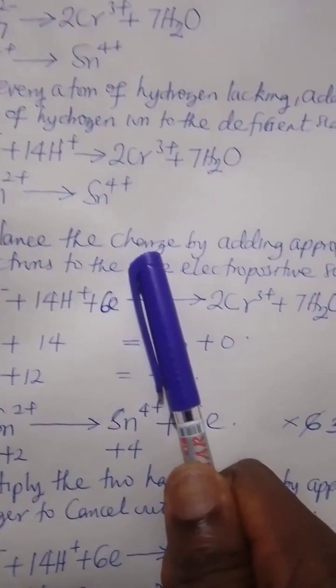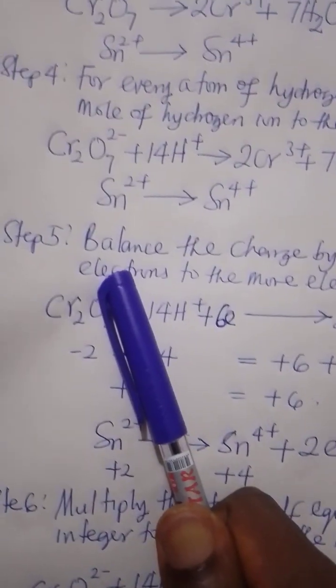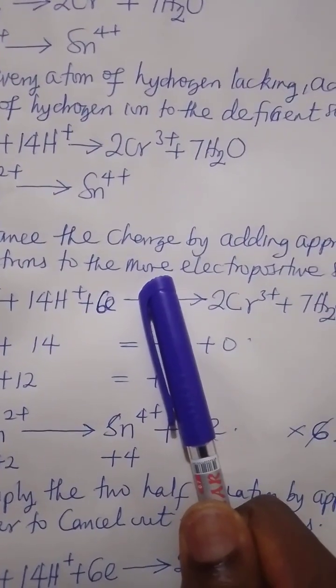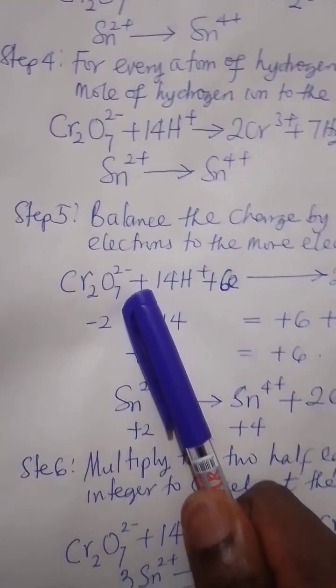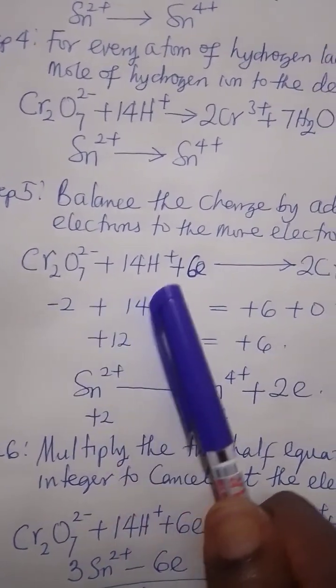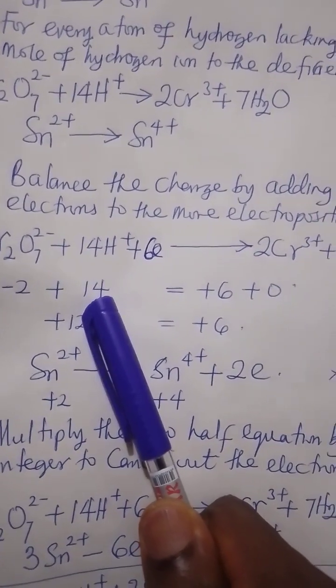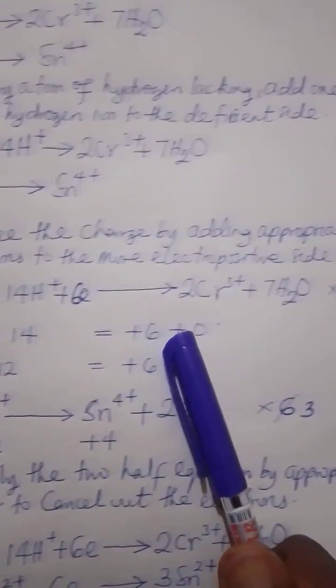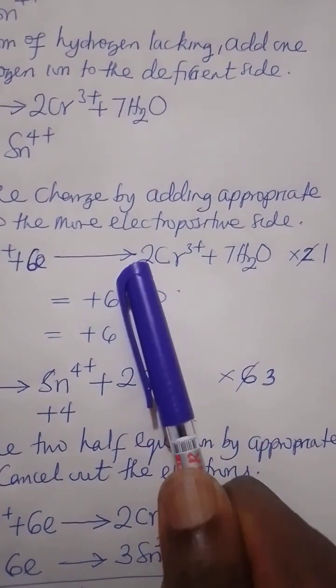Balance the charge by adding appropriate electrons to the more electropositive side. And so we have Cr2O7 2-, that's minus 2, and 14H+, that's plus 14. Then we have 2Cr3+, that's plus 6, 2 times plus 3.